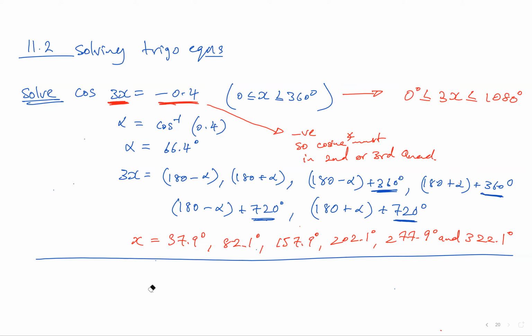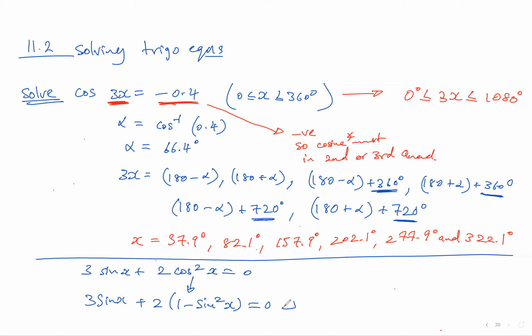Another type that they would always like to ask you is like this, like quadratic. Okay, 3 sine x plus 2 cosine squared x equal to 0. So in this case, you must convert this to 1 minus sine squared x equal to 0.